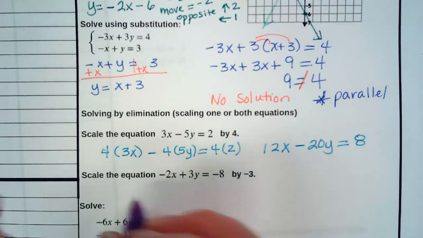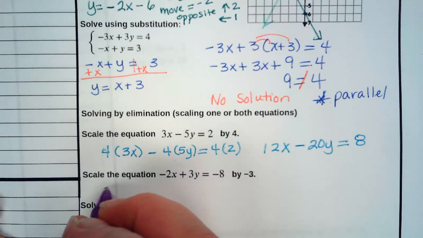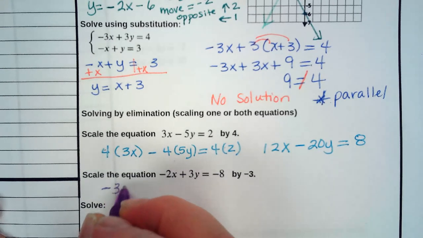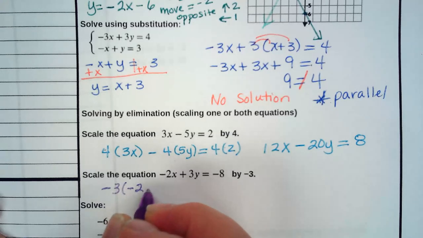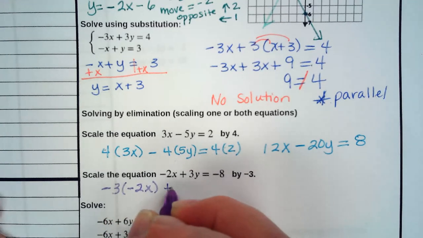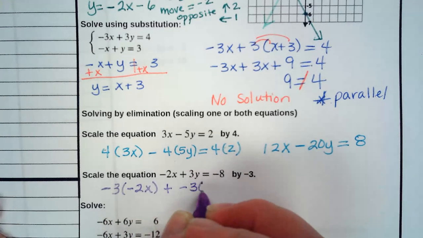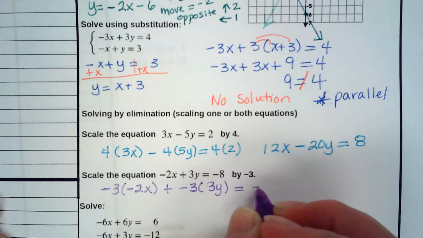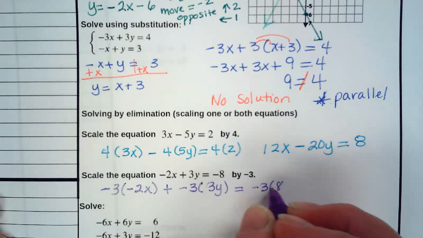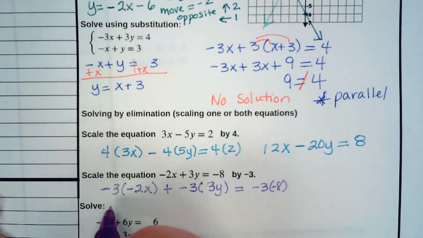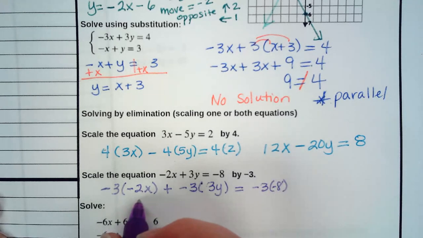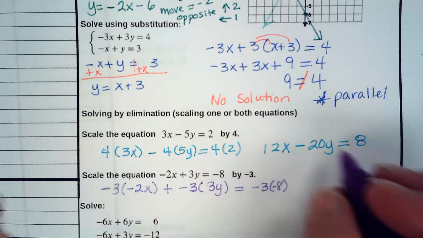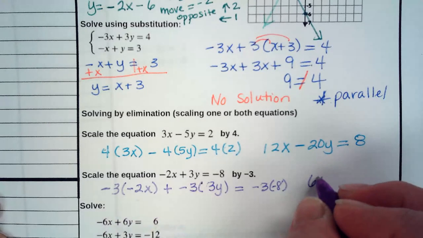I hope you tried. So this becomes negative 3 times negative 2x plus negative 3 times 3y equals negative 3 times negative 8. Negative 3 times negative 2x, negative times negative is a positive, it's 6x.